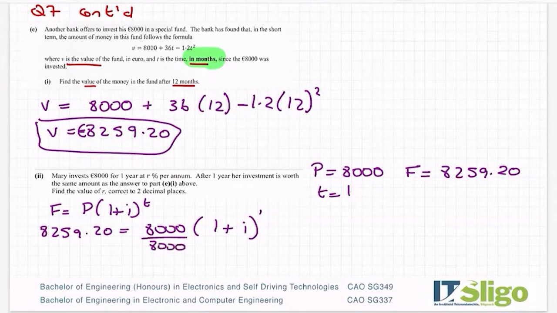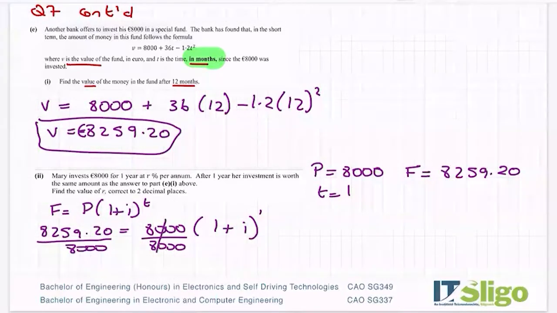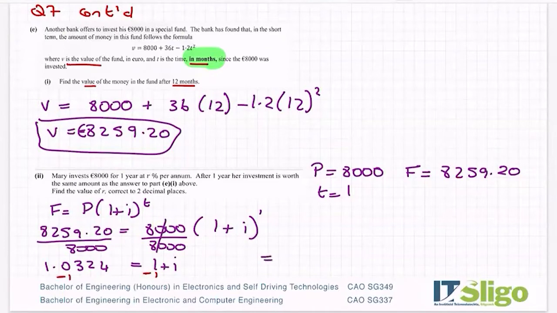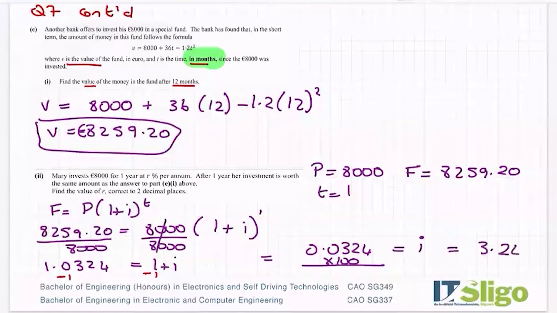Divide both sides by 8,000, just like we did on the last one. 8,259.20 over 8,000, and I'm getting 1.0324 is equal to 1 plus I. Subtract 1 from both sides to get rid of that 1 on the right. So I get 0.0324 is equal to I. Multiply it by 100 to change it to a percentage. And therefore I get I equal to 3.24%.